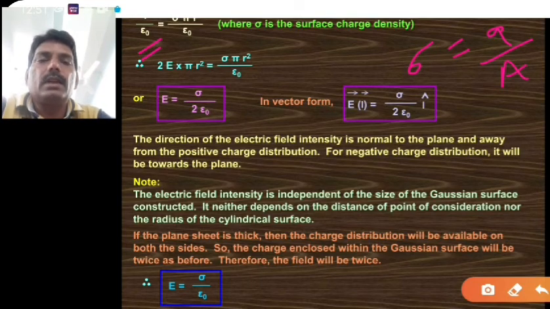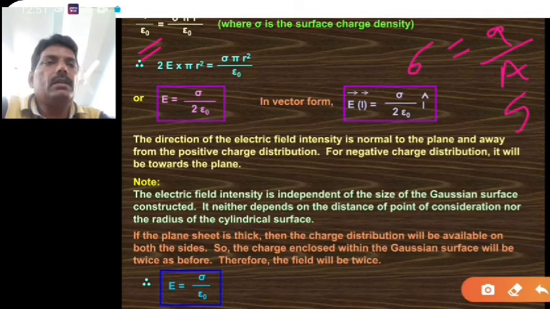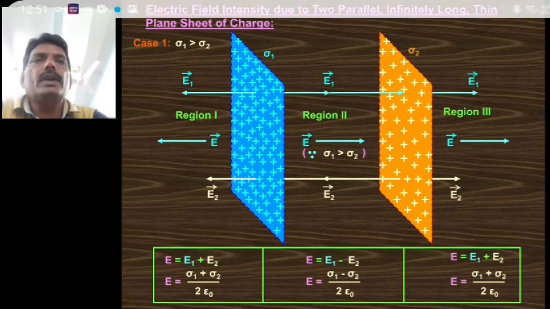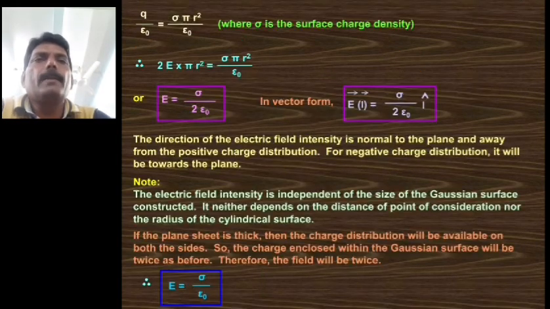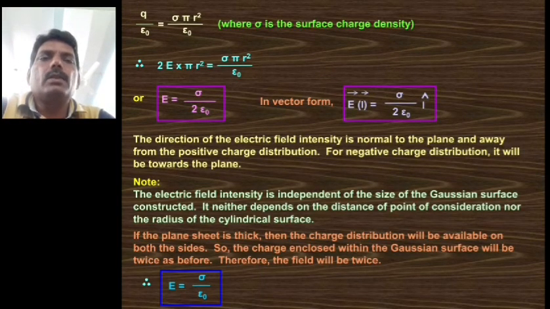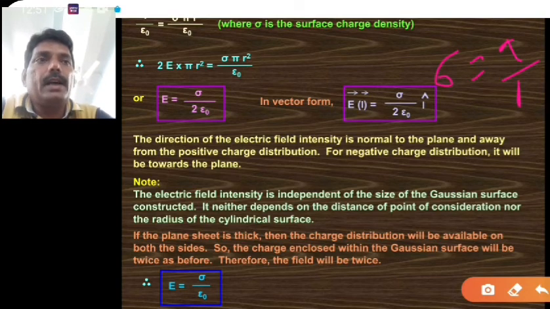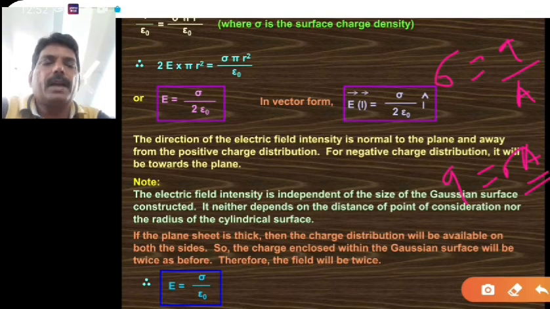Sometimes they use A, sometimes S, but ultimately you can put the value of the area, that is pi r square. Because sigma is equal to q upon area, therefore q is equal to sigma into A, and the value of A is pi r square.